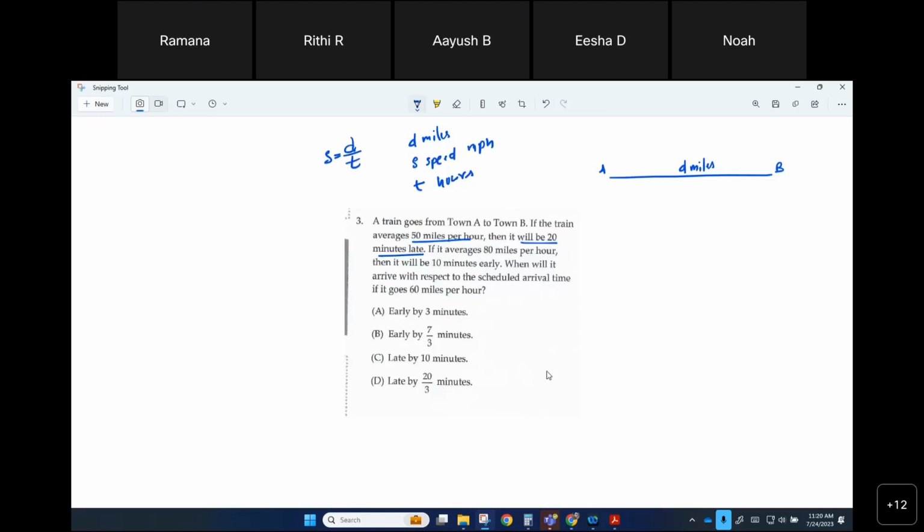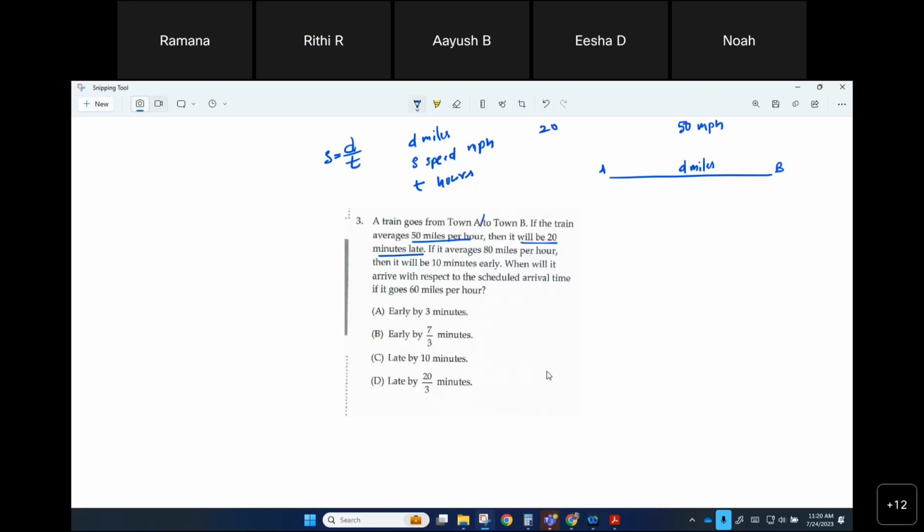If it travels at 50 miles per hour, it would be 20 minutes late. What is 20 minutes in terms of hours?